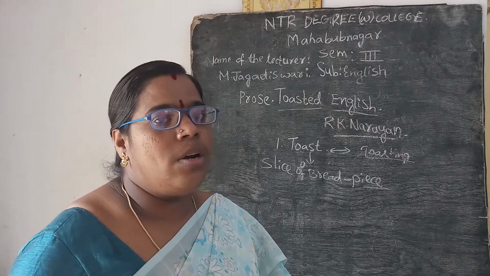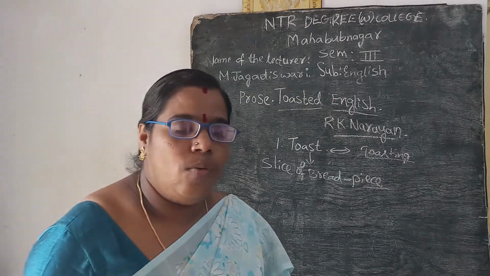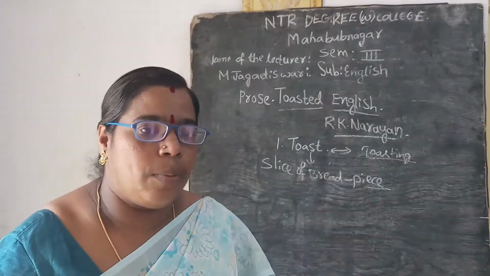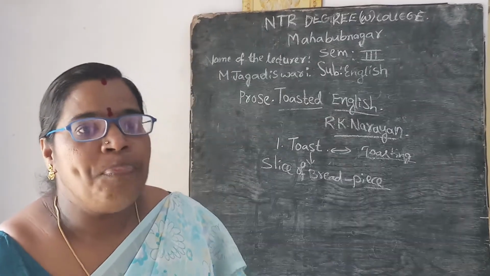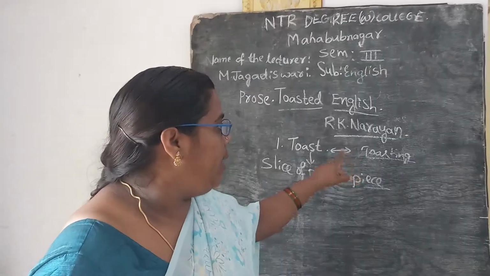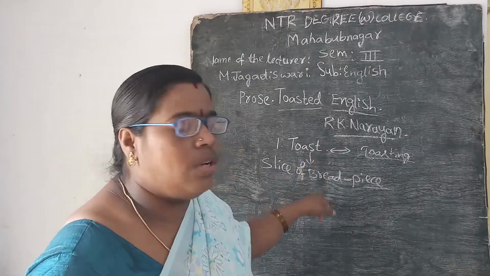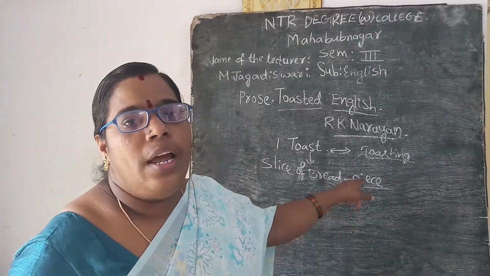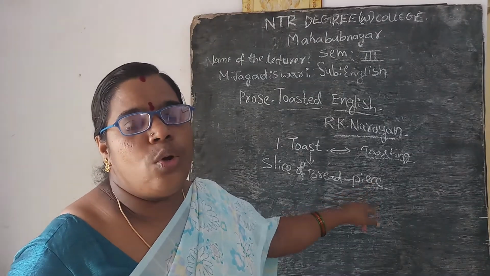So you have the word toast, and what is toasting? That is the procedure of heating a slice of bread. These are the two terms you should know before entering into the lesson.